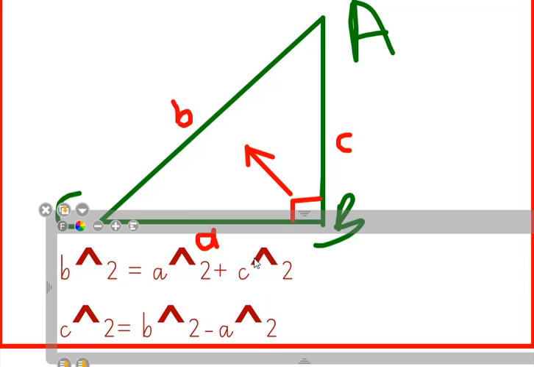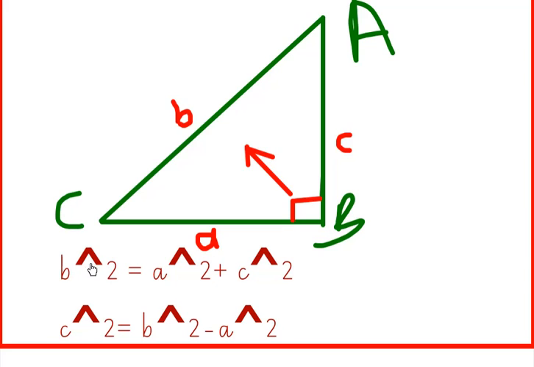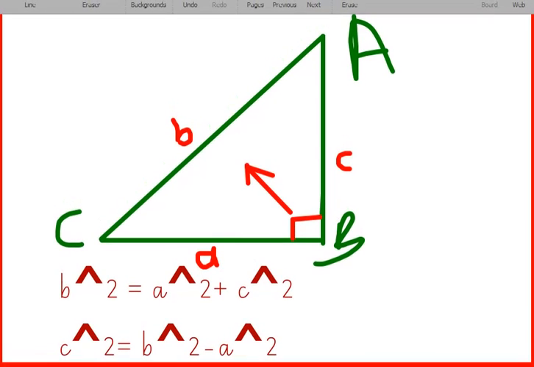So this a will go to the other side and c squared will be left on our right, and on our left there will be b squared minus a squared, and that's how you do it.